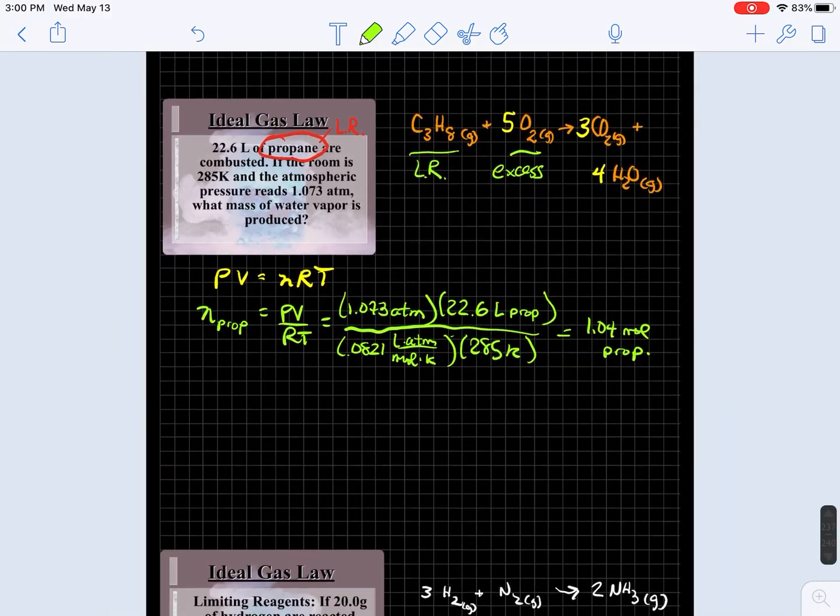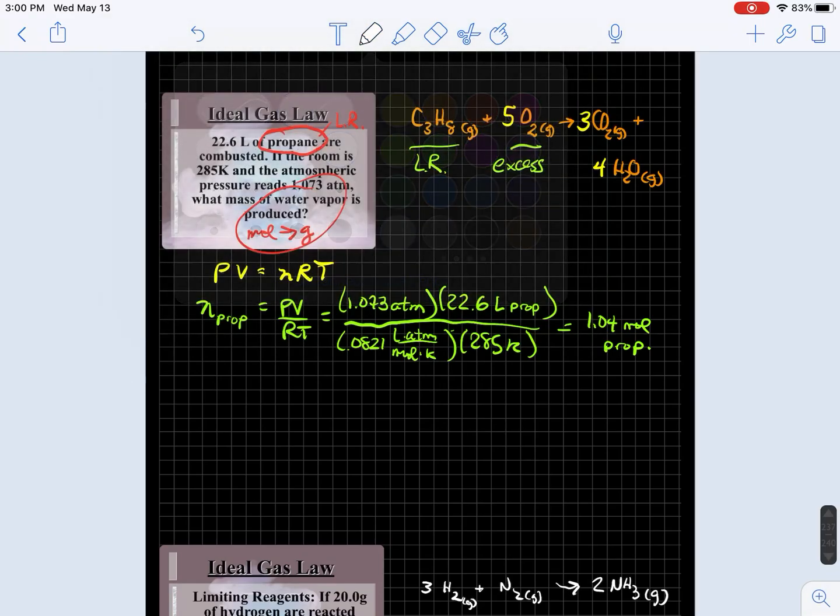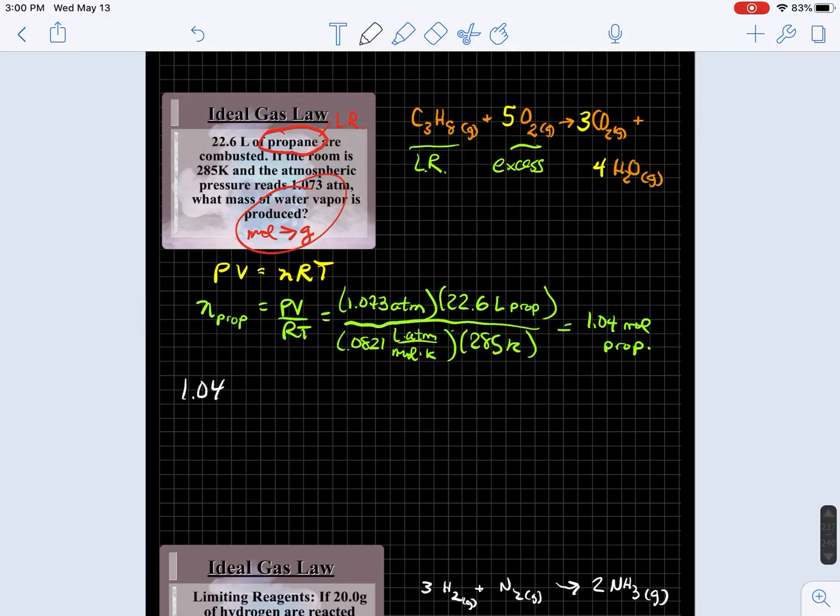Now I have to use the balanced equation in order to calculate how many moles of water vapor I need, because that's what they're asking me, mass of water vapor. If I know the moles, then I can convert that to grams. So start with what they give you, 1.04 grams of propane, multiply by a fraction. We're going to convert grams of propane into moles of propane.